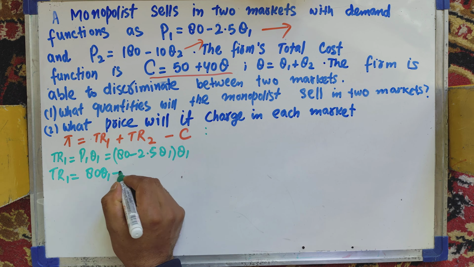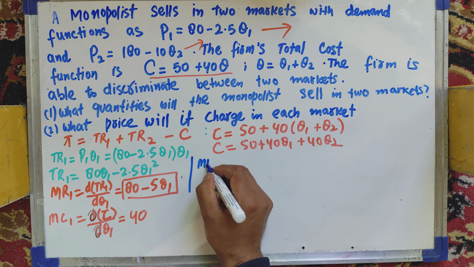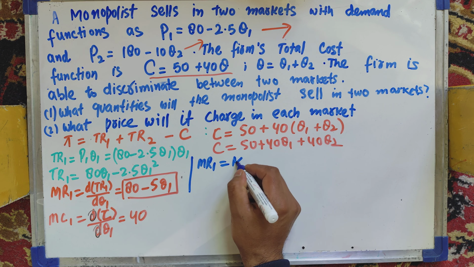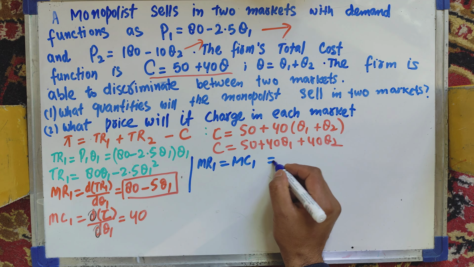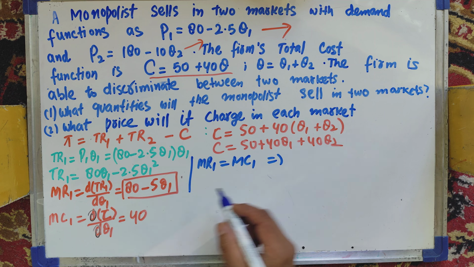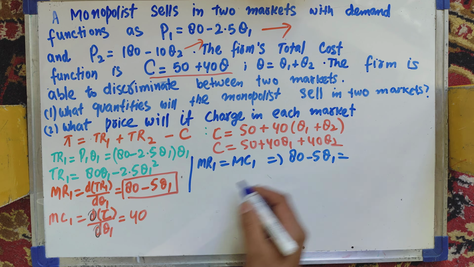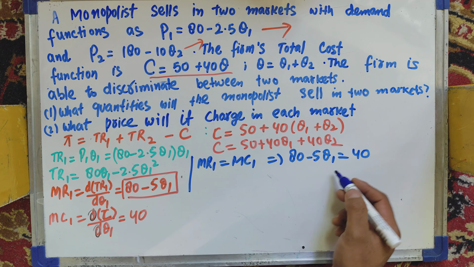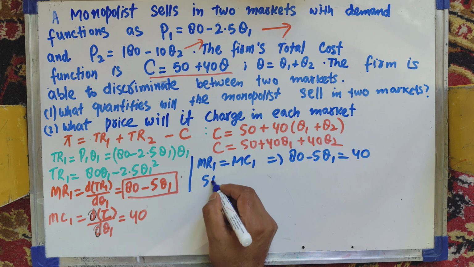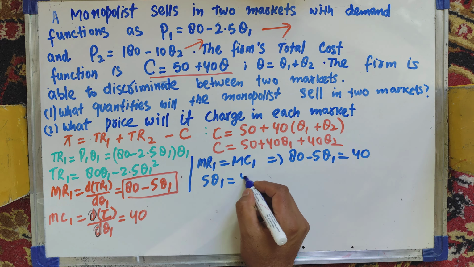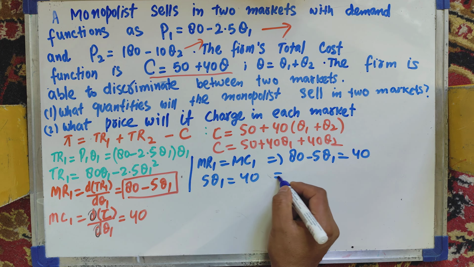Profit maximization requires we equate marginal revenue with marginal cost. So marginal revenue in market 1, 80 minus 5 Q1, is equated with the marginal cost of 40. So 5 Q1 equals 80 minus 40, which is 40. Dividing both sides by 5, Q1 equals 8.